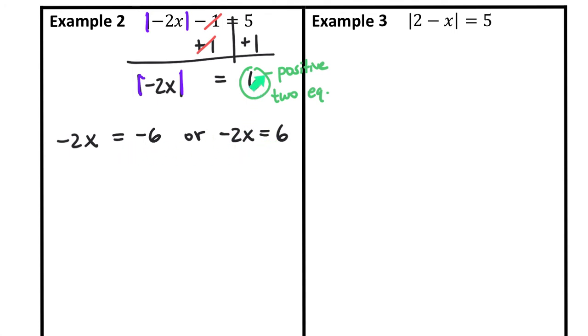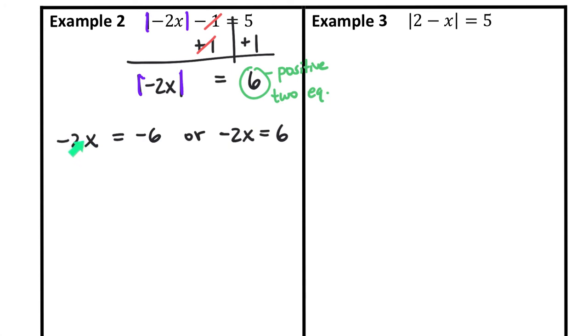So this is what happens if I solve for an absolute value and I get the absolute value by itself and it equals a positive number. Then I'm going to get 2 equations: one that looks exactly like the original, negative 2x equals 6, and another one that's negative 2x equals negative 6. Let's solve for both. How do I get x by itself?